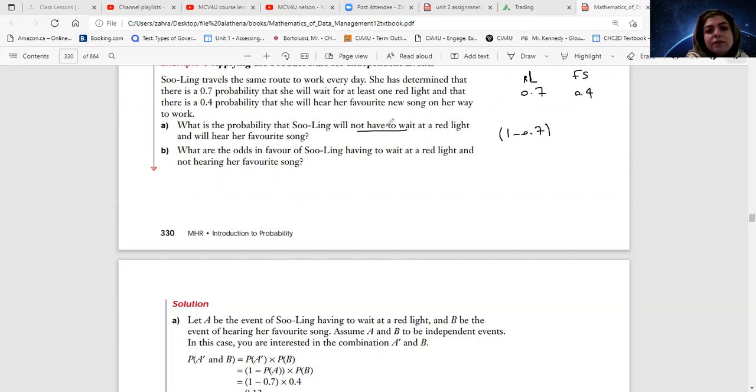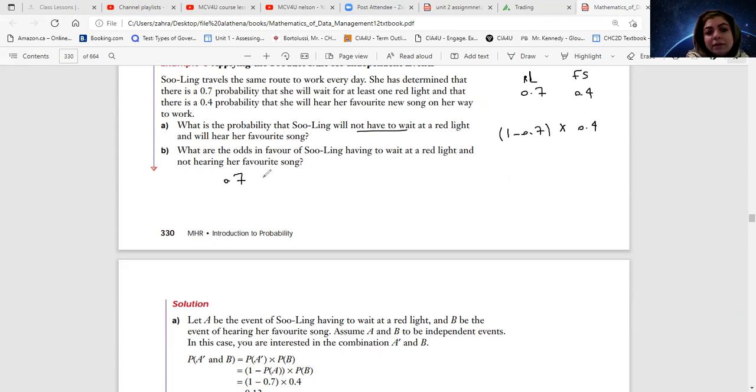So not having to wait for a red light and hearing her favorite song. The favorite song is 0.4. Since these two events are independent, the probability of them happening at the same time is just these two multiplied by each other. Second one, what are the odds in favor that Soling has to wait? Having to wait for lights is going to be 0.7.